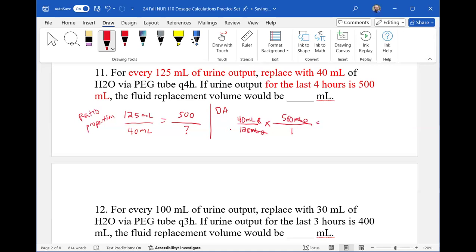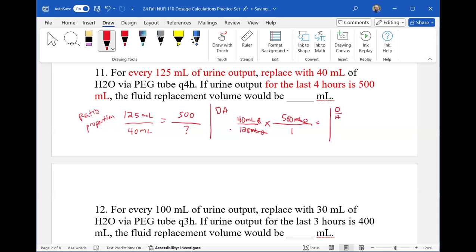So that's how you could do a dimensional analysis. You could have also written this in the reverse order. I could have written this as 500 milliliters out times 40 milliliters over 125 milliliters, and I'll get to the same answer. The next option, because some of you like to do ordered over half, so I'll just do O over H. Now, this is weird because what's ordered?